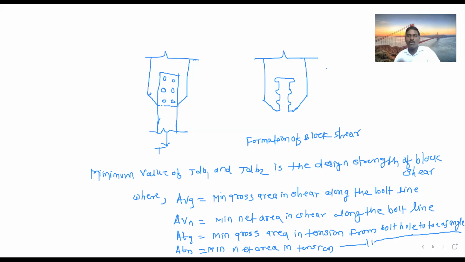So these are the four main unknowns of the TDB1, TDB2 formula. AVG, minimum gross area in shear along the bolt line. AVN, minimum net area in shear along the bolt line. ATG, minimum gross area in tension. And ATN, minimum net area in tension. So how to calculate these 4 areas? Now that we will see.